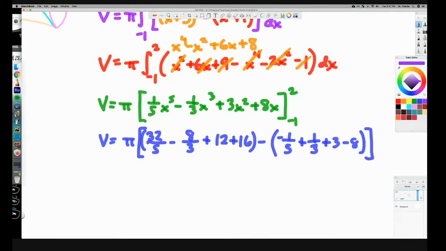I hope we did this right. Doing an awful lot of writing here. All right, I would just use your calculator at this point to add all these up. I got 183 over 5.